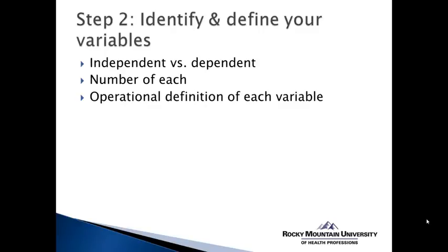So for example, you might have medication A and then a placebo and then medication B. So you'll need to operationally define what each of those variables are going to be, and in the case of a dependent variable, how you're going to measure that. So if you say that IQ is going to be your dependent variable, well, there are several different ways to measure IQ and actually several different ways to define intelligence. So you'll need to figure out what that's going to be.